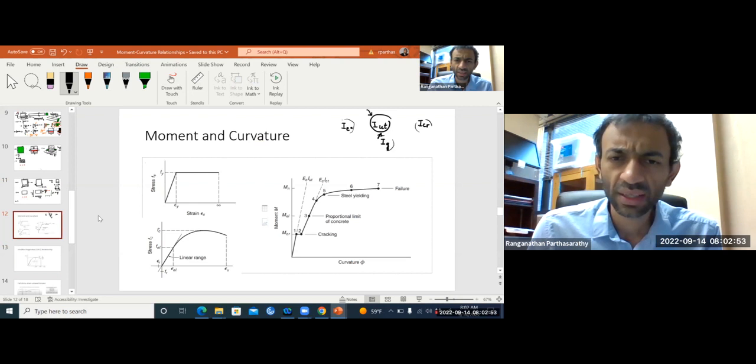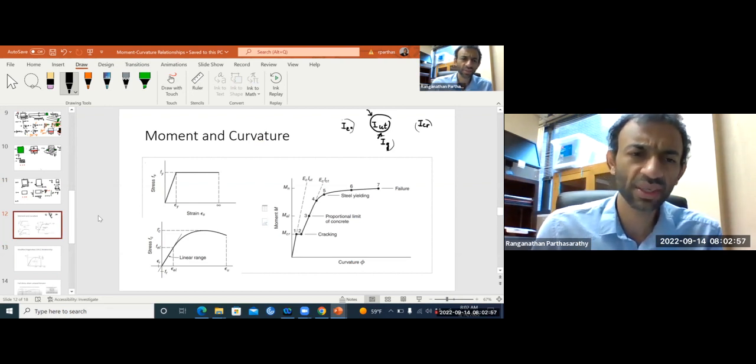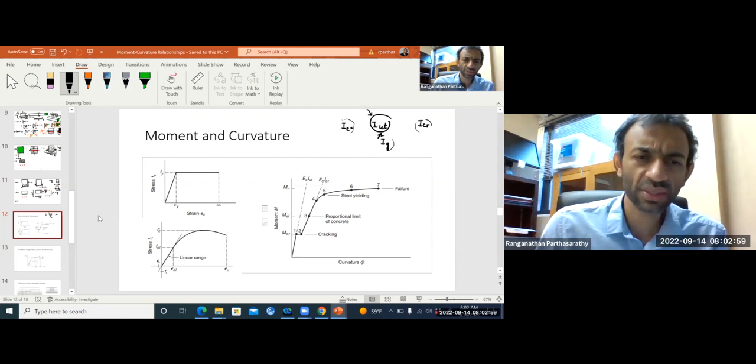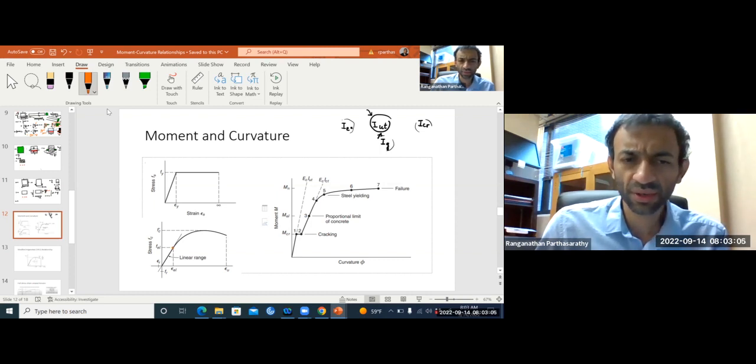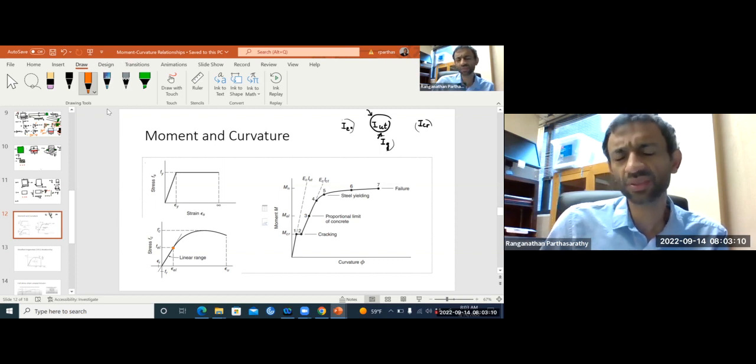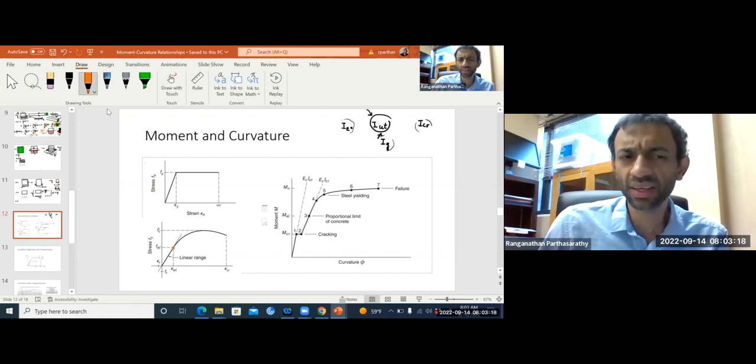Point 3 is the proportional limit of concrete. So this is your stress-strain curve of concrete. From this point on, it is not linear anymore. Up to this point it's only approximately linear, but more or less it is linear. From this point on, it deviates quite a bit from linearity.